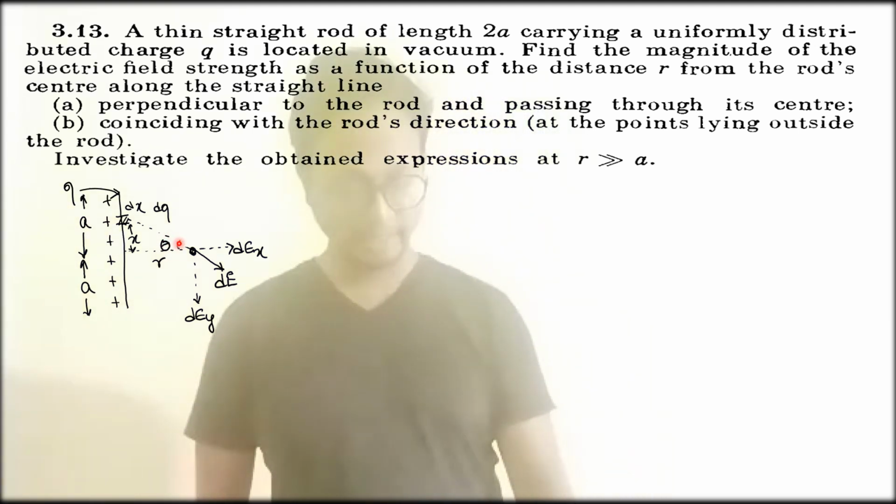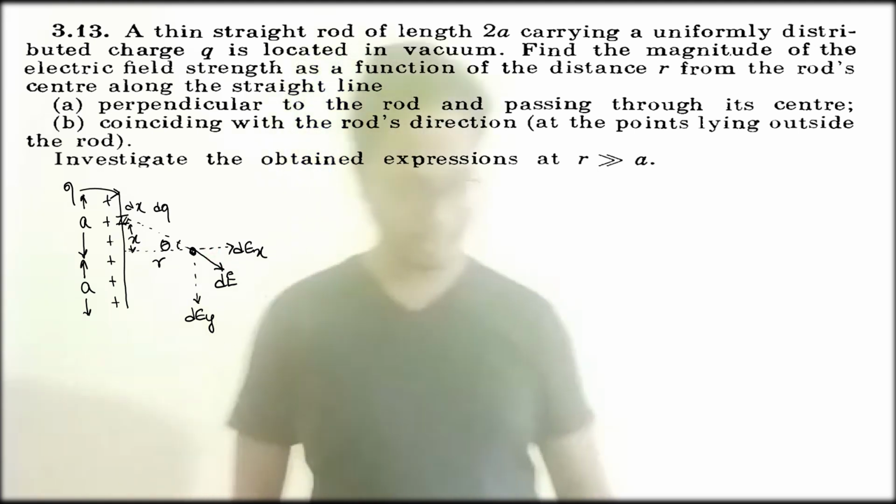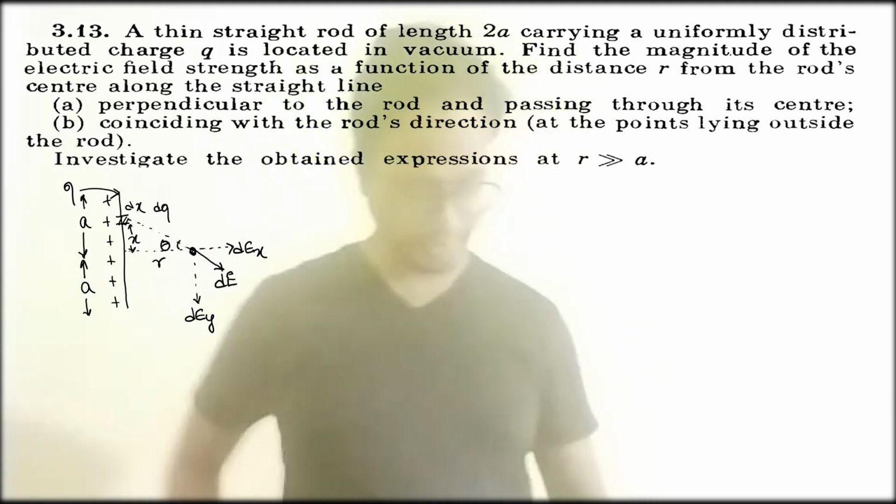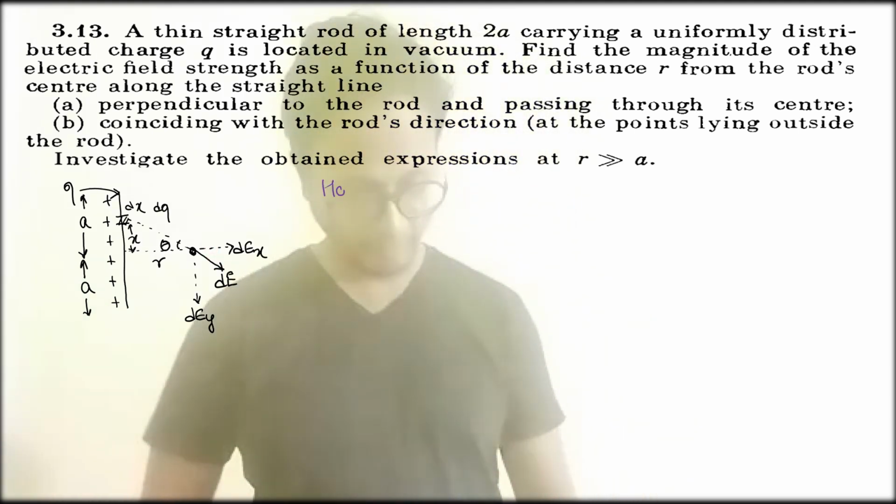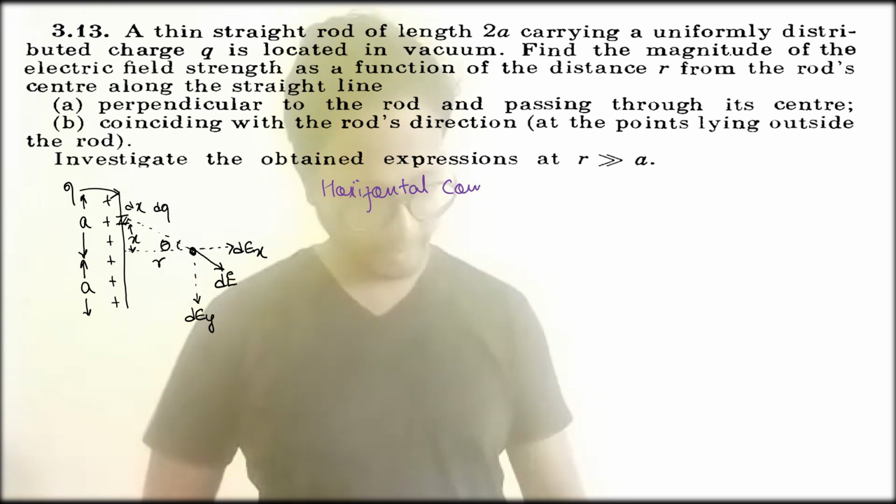Now see, the main objective out here is how I am solving this question. So the horizontal component dEx is nothing but dE cos theta.